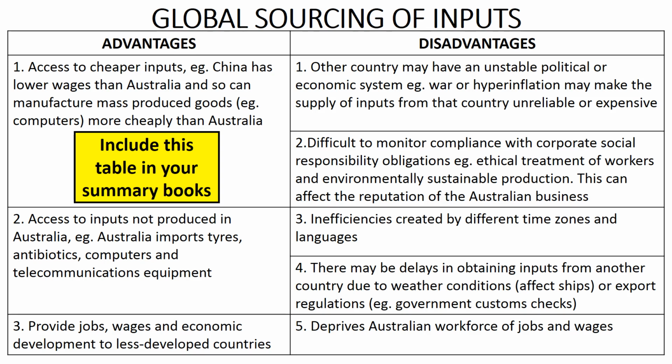And fifth, where an Australian business obtains inputs from an overseas supplier, then this deprives the Australian workforce of jobs and wages because they aren't producing the inputs. Instead, an overseas supplier is producing those inputs.